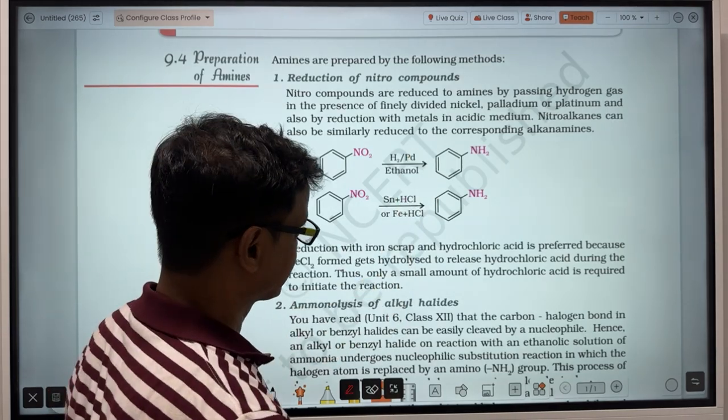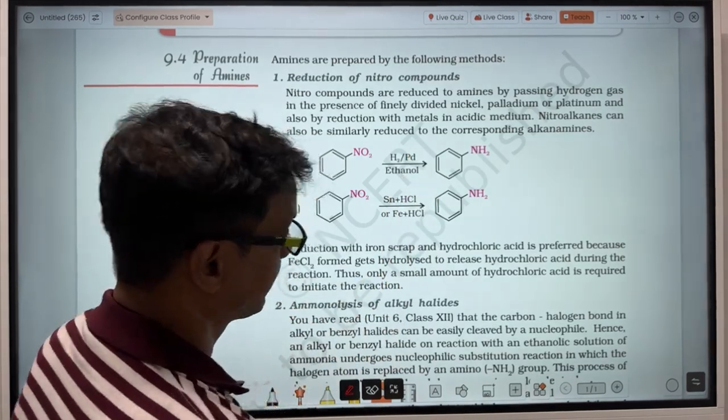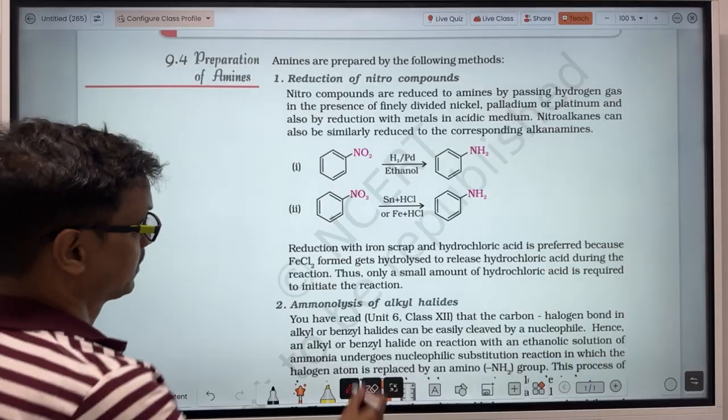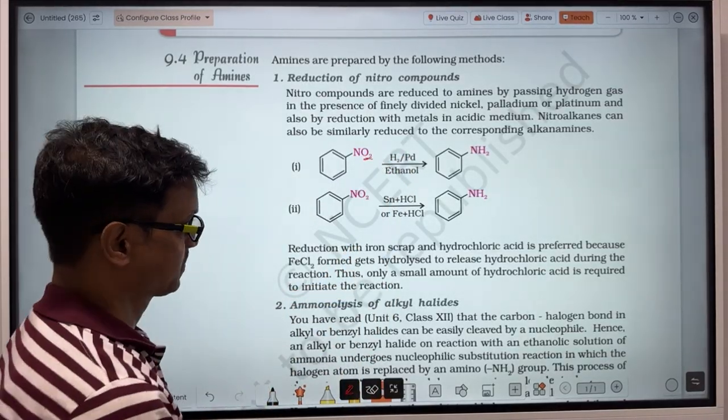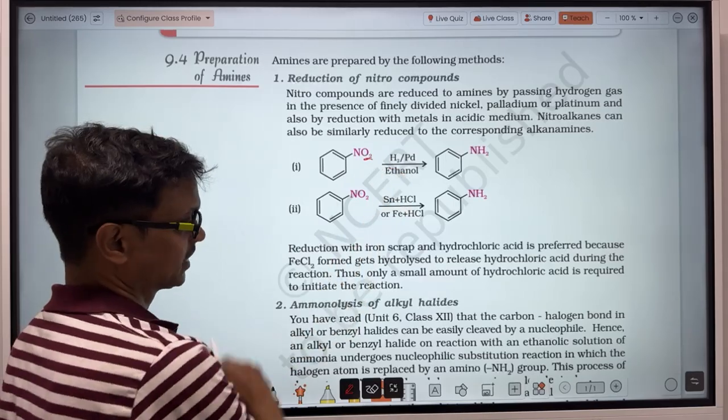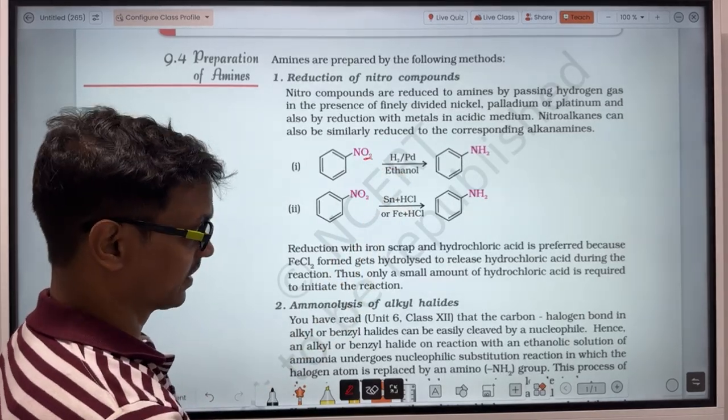Palladium acts as catalyst and the solvent here is ethanol. So what happens? Some of the hydrogen will combine with this oxygen to form H2O, and two hydrogen will combine with this nitrogen.